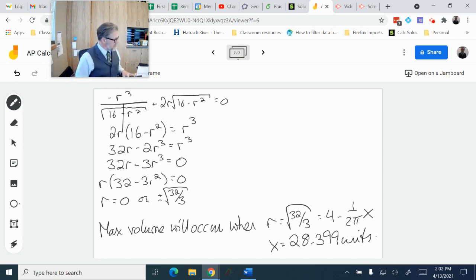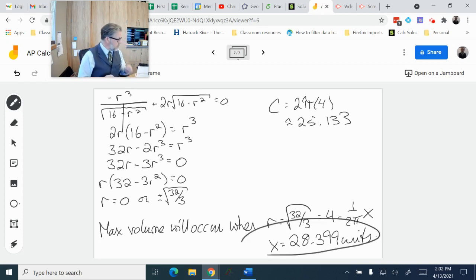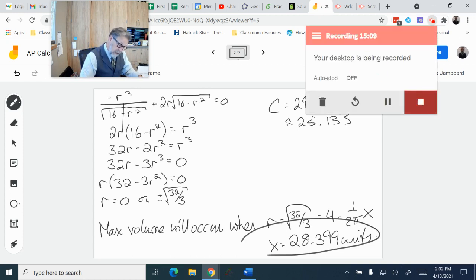Now, question is, does that make sense? Circumference of the original circle was 2 times pi times 4, 8 pi, 8 times pi is 25.133. So we're cutting out more than the original circle, so this makes absolutely no sense. And so therefore we will throw away this whole video and start again another.